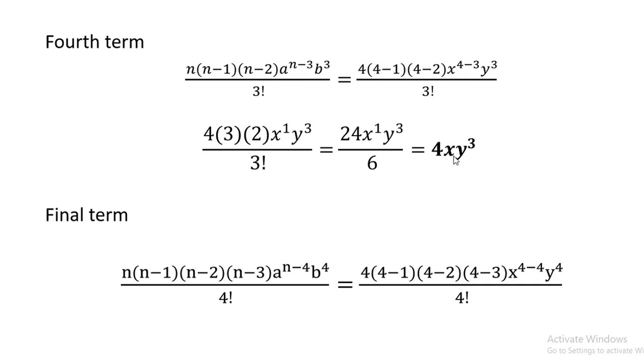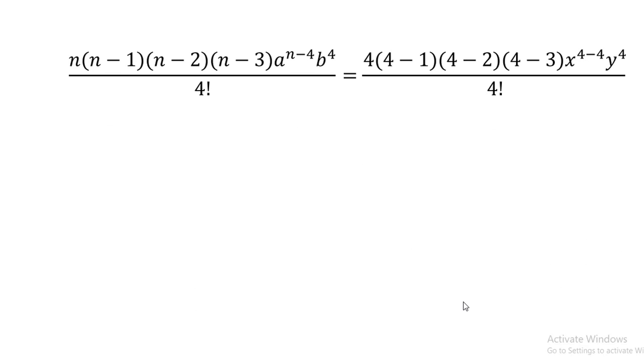Final step, if you just see n minus 1, n minus 2, n minus 3, that is 4 minus 3, x 4 minus 4, y power 4 upon 4 factorial. So the power of y was 4 divided by 4 factorial.